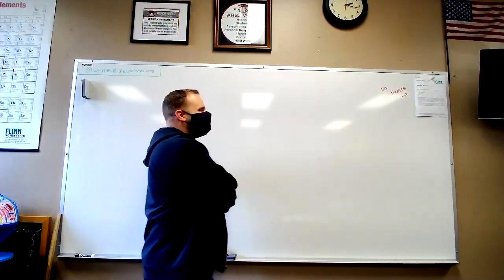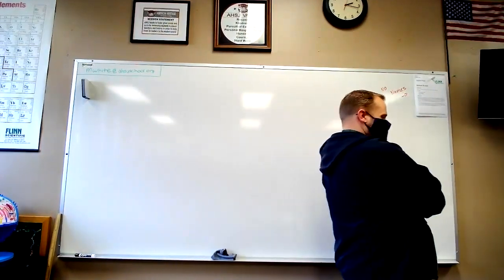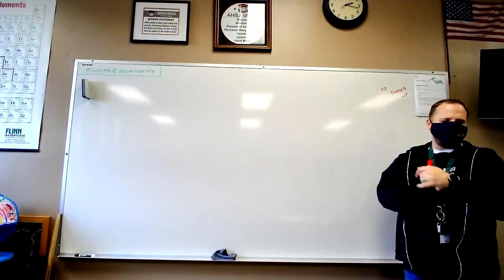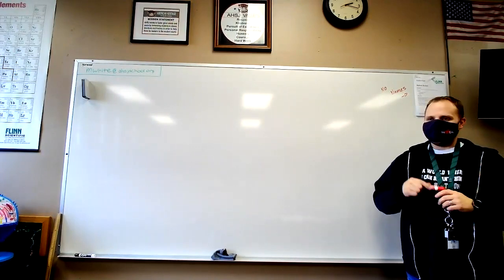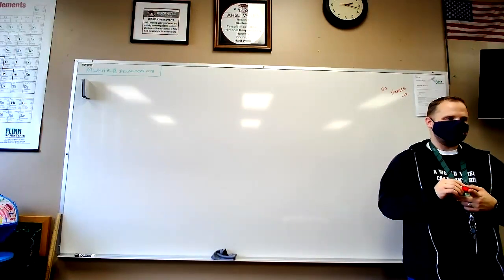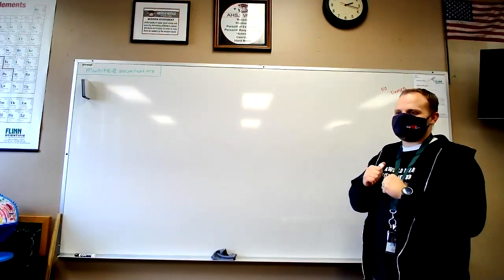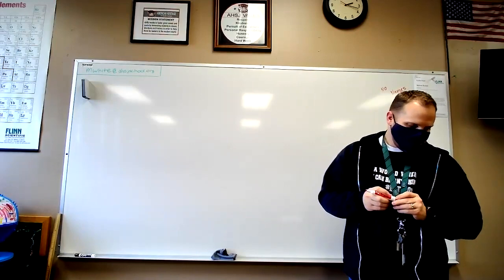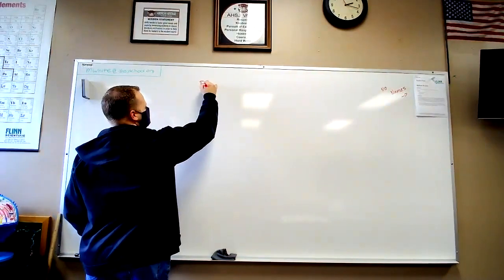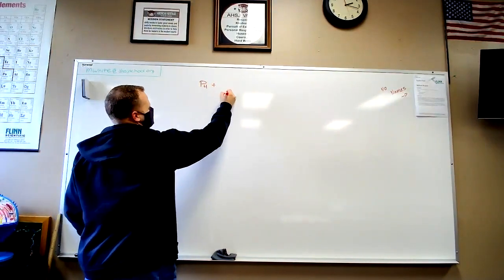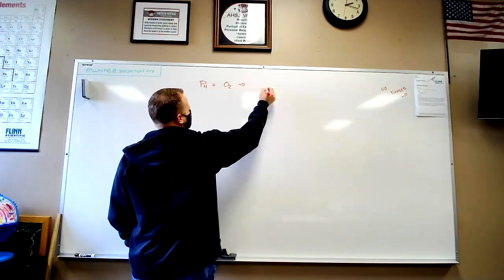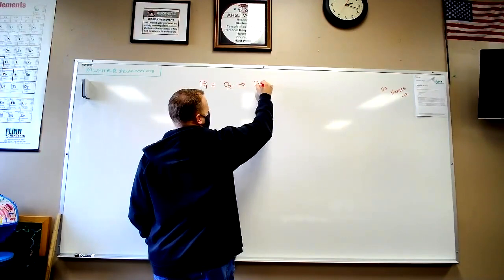In last class, we said there was one thing that you always needed to make sure you were starting with in a stoichiometry problem. What was that? A balanced equation. We have to have the balanced equation. So we've got P4 and oxygen giving us P4O10.